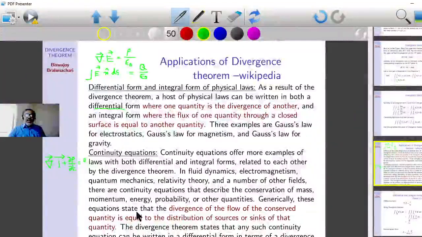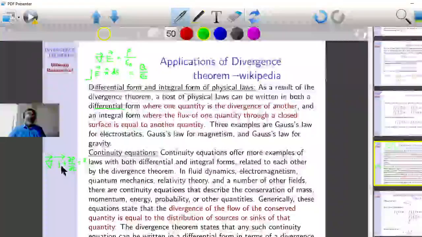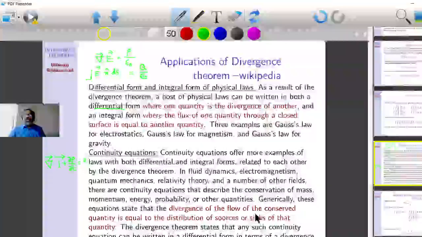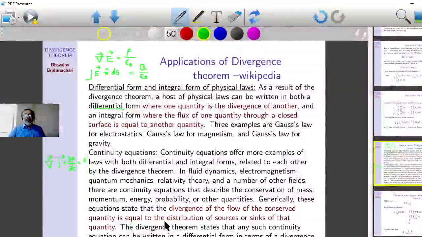So generally these equations state the divergence of the flow of the conserved quantity. Here the conserved quantity in electrodynamics is electric charge. And in quantum mechanics, it's the conservation of probability. Divergence of the flow of the conserved quantity is equal to the distribution of sources or sinks of that quantity.